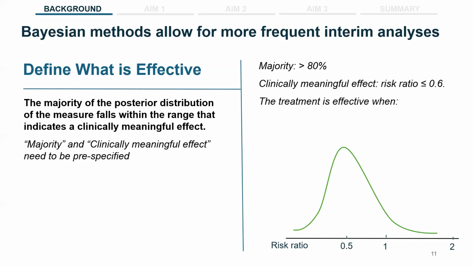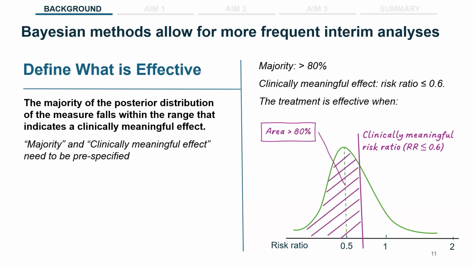For example, if we define the majority as greater than 80% and a risk ratio of less than or equal to 0.6 as clinically meaningful effect, then the treatment is effective when we see most of the posterior distribution, like more than 80% of the posterior distribution, falls under risk ratio of 0.6.